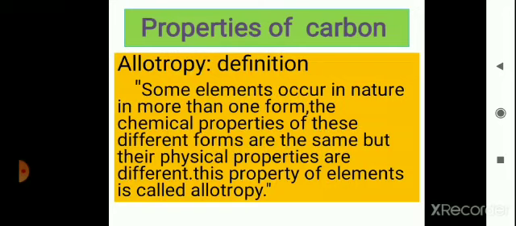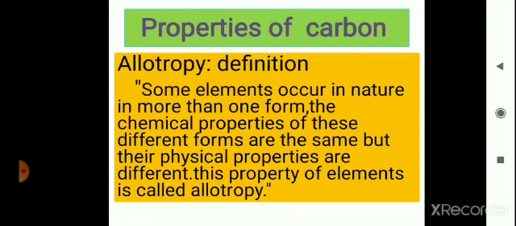Now we learn about the properties of carbon. Carbon is allotropic in nature. What is meant by allotropy? We can define allotropy as some elements occur in nature in more than one form.